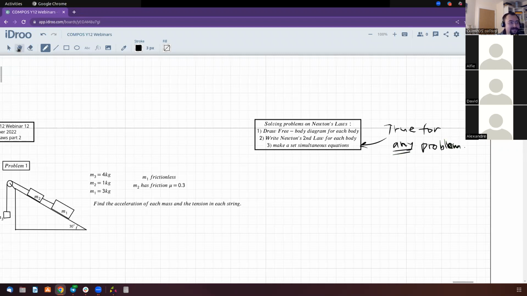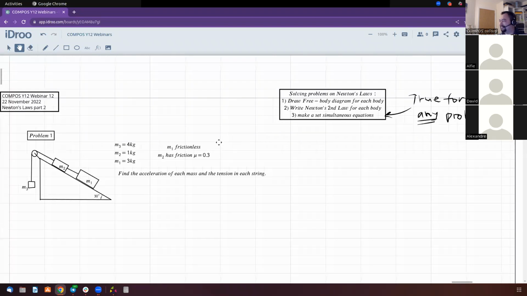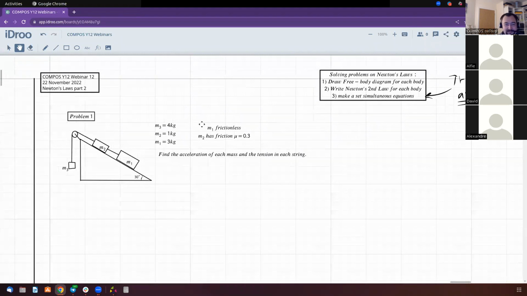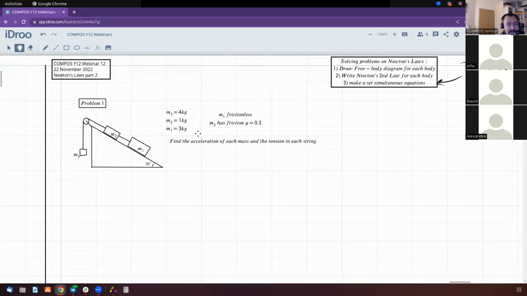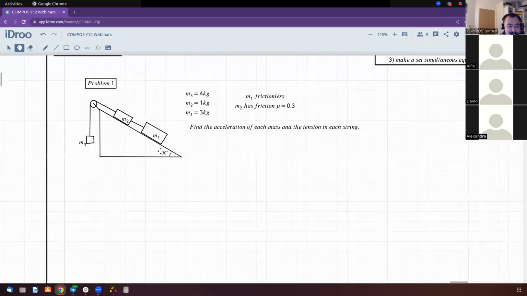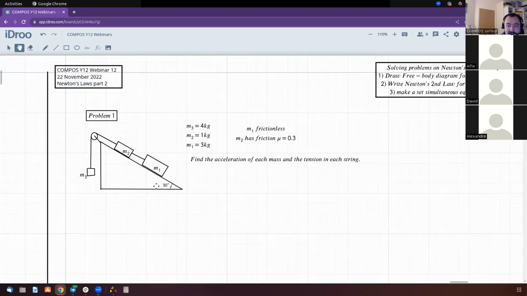Because pretty much, if you break down any problem, it comes down to simultaneous equations. So let's look at problem 1 and follow this algorithm. And this is a solid algorithm. You just need to understand how it works. Draw a free body diagram for each body.